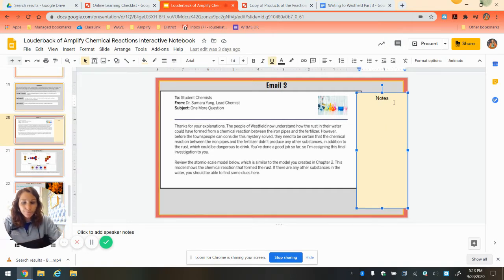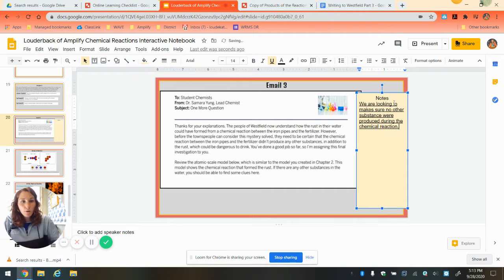In my notes column, I need to say that we are looking to make sure no other substances were produced during the chemical reaction.